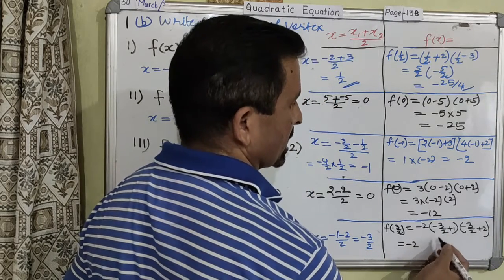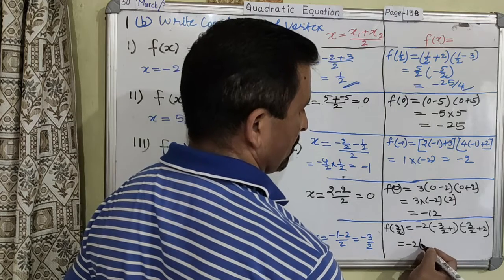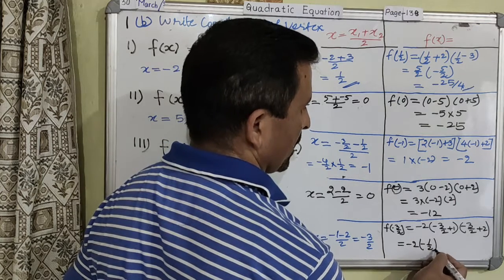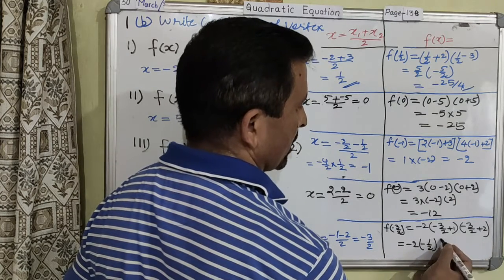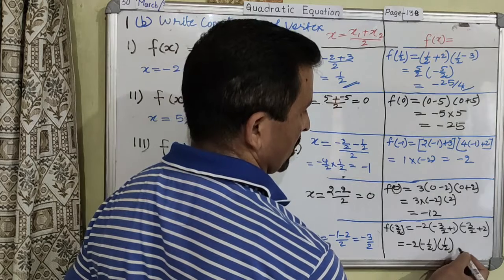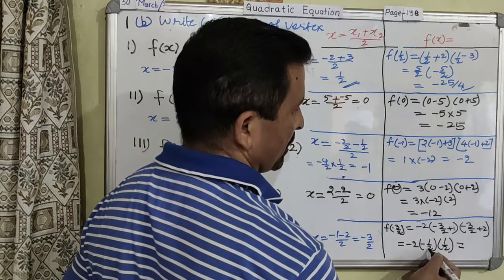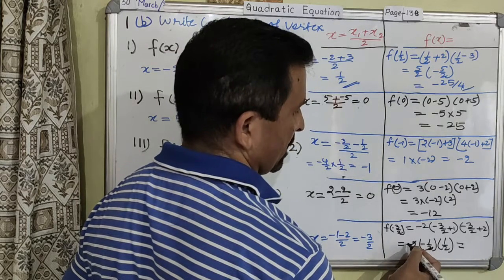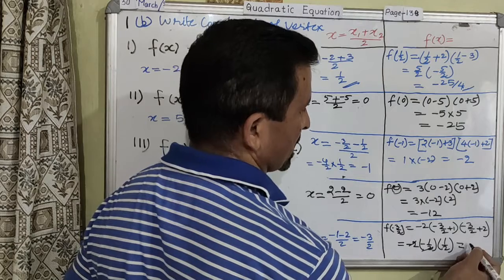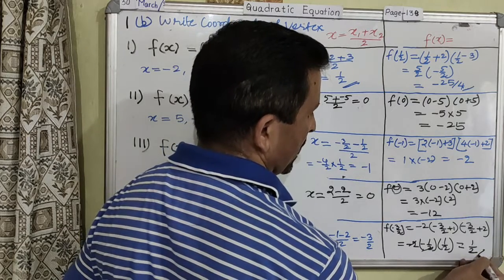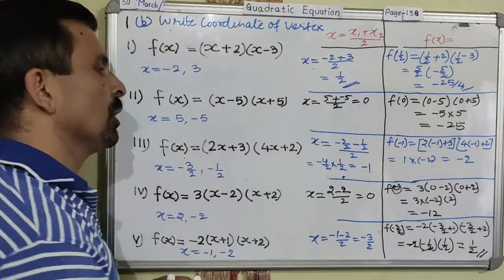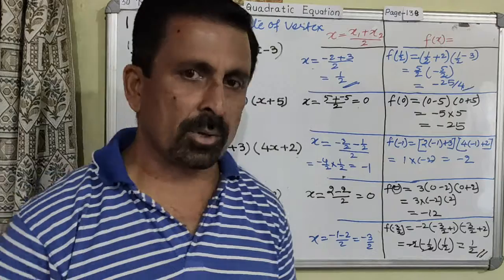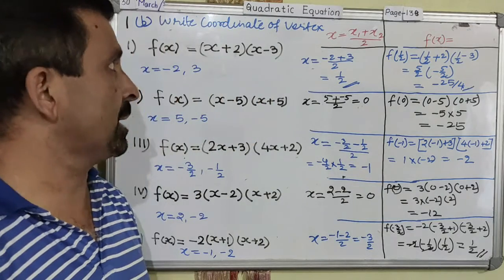When you simplify this, it will come as -half. Now when you simplify this one, it will become +half. You can check this calculation and then see. Now this two cancels this two, and there are two negative quantities, so the result will become positive, so the answer is half.